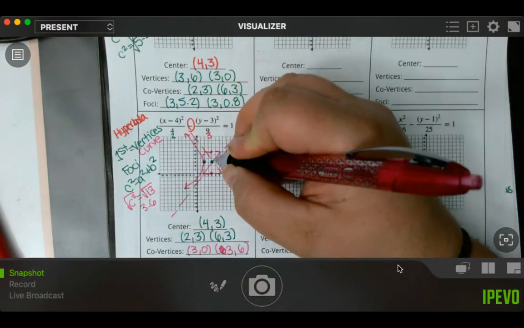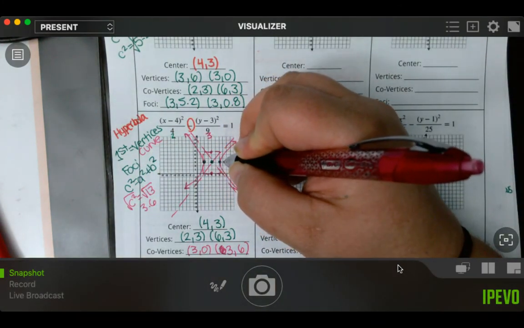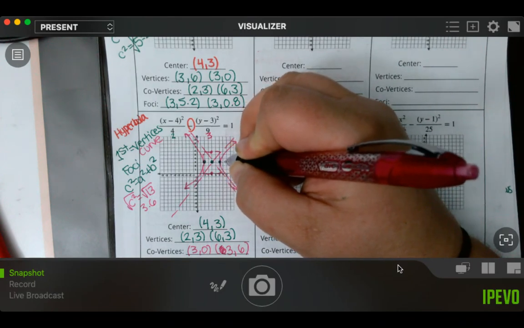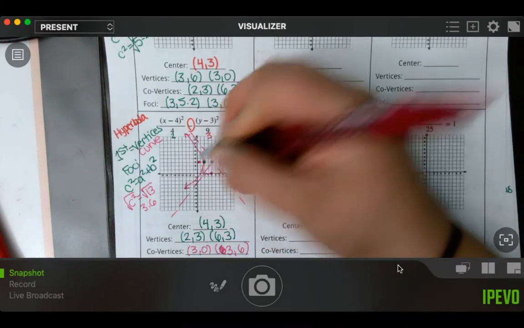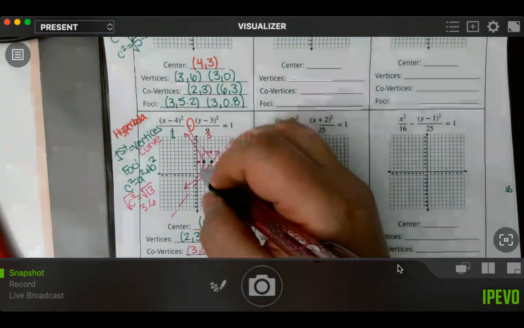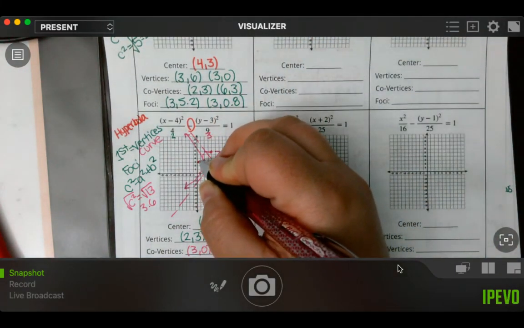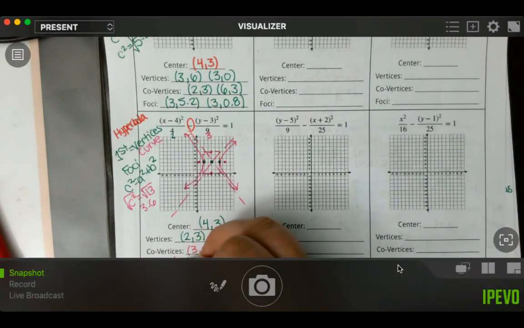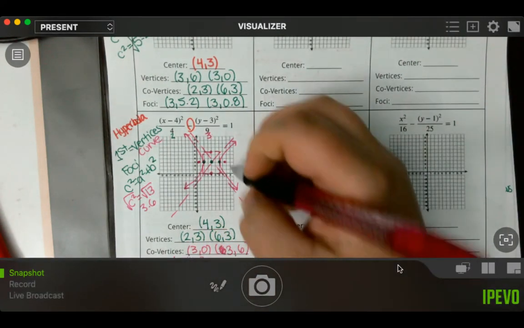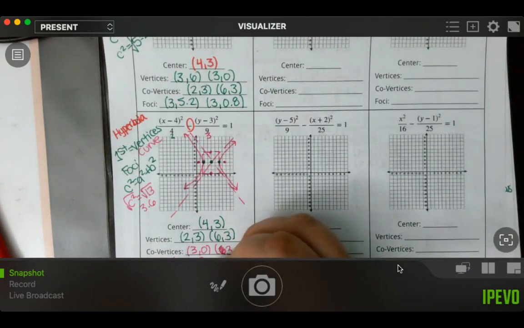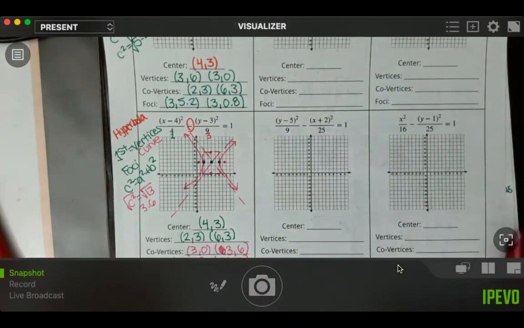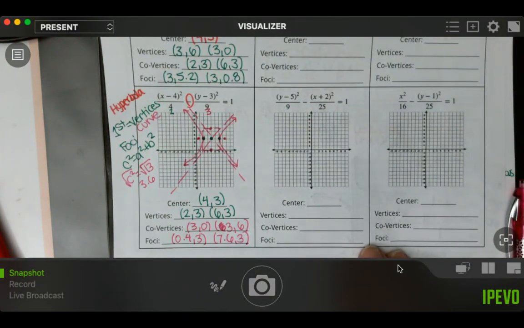So I go back to my center and I go left and right 3.6 because I'm going in the direction of the curve, which puts me at 0.4 up 3 and negative 7.6 up 3. Sorry, 7.6 up 3. And there you have it. That's the last half of the review, guys.